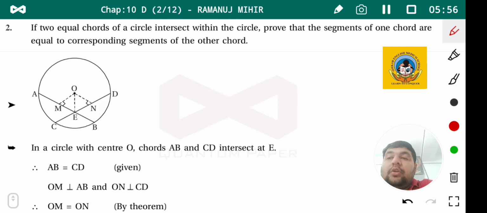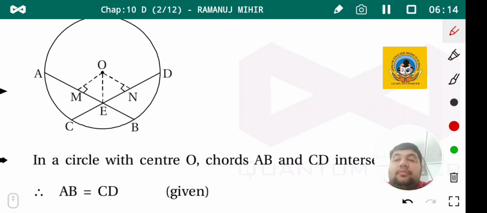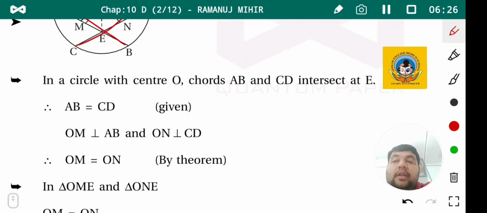If two equal chords of a circle intersect within the circle, prove that the segments of one chord are equal to the corresponding segments of the other chord. So we have two chords, AB and CD, that are intersecting at point E. First of all we have to write everything, because the statement is given.